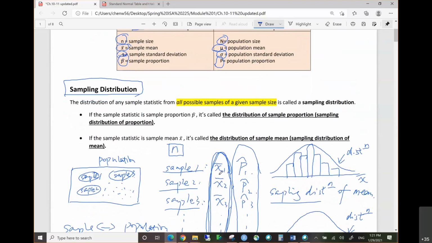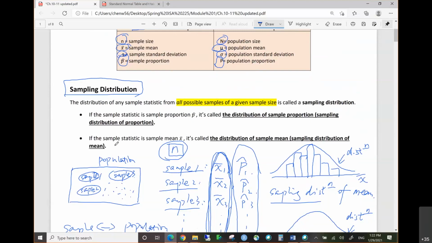And then this sampling distribution, if it is about the mean, then it is called the distribution of sample mean. If it is about the sample proportion, then it is called the distribution of sample proportion, right? Or we call them the sampling distribution of proportion or the sampling distribution of mean.